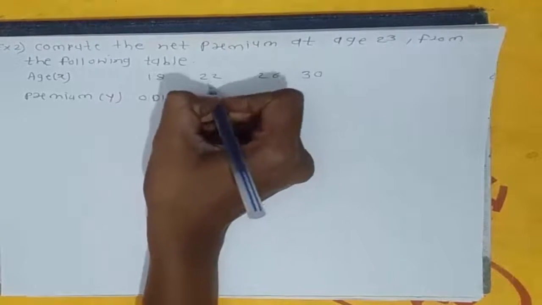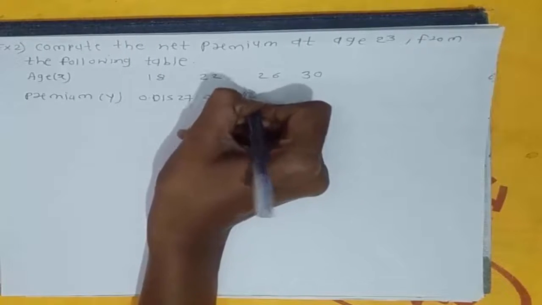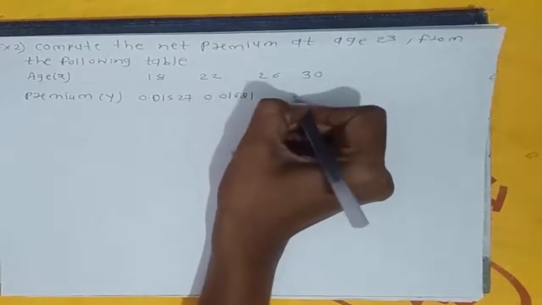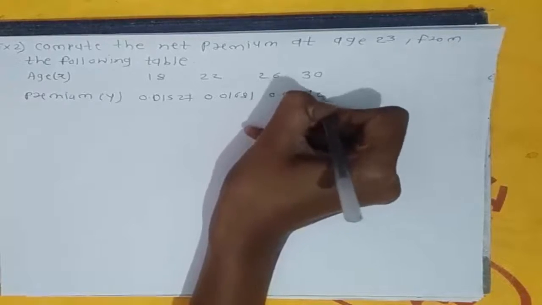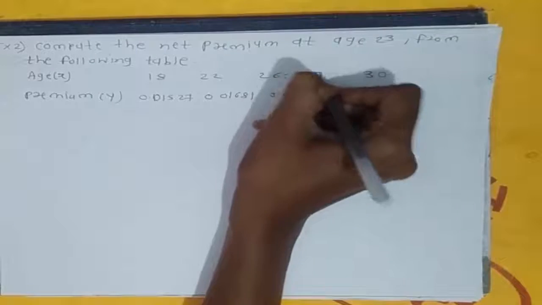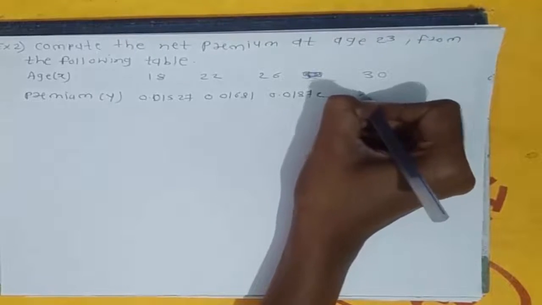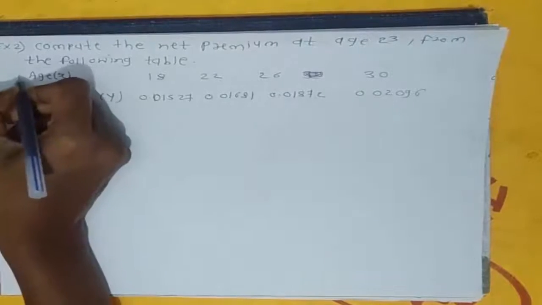Okay, then the premiums are given as 0.01527, at 22 0.01681, then at 26 0.01872, and at 30 we write here this value, 0.02096. Okay, this is what is given.